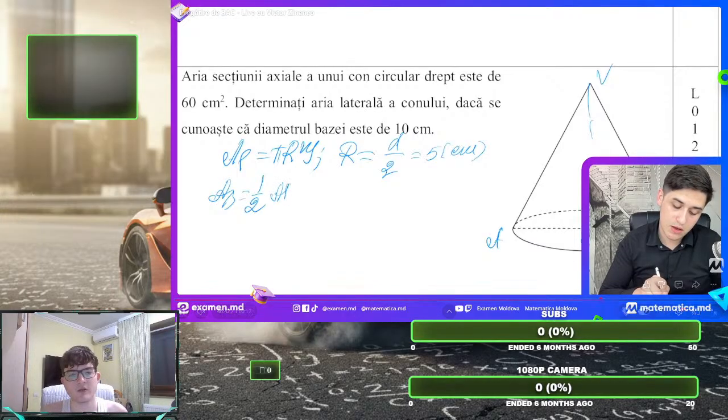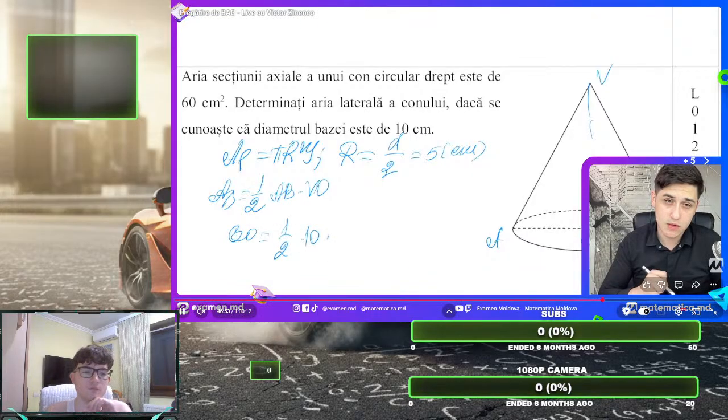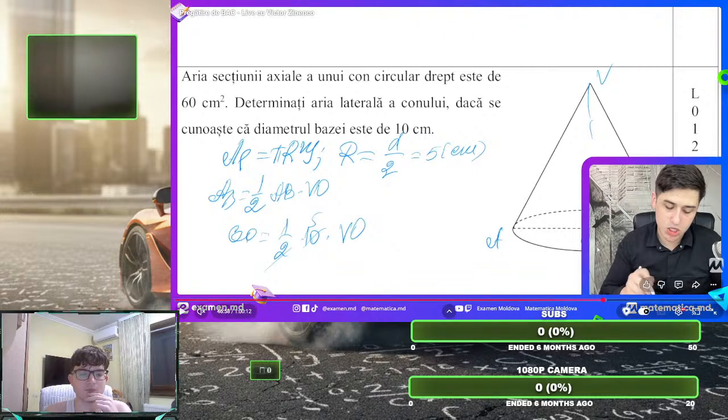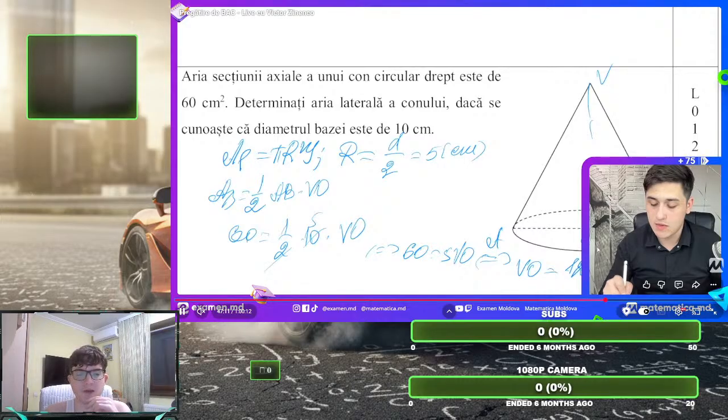Area of triangle like this formula and so on, five right there, 5 times the height. Bro, I'm just going to skip this.